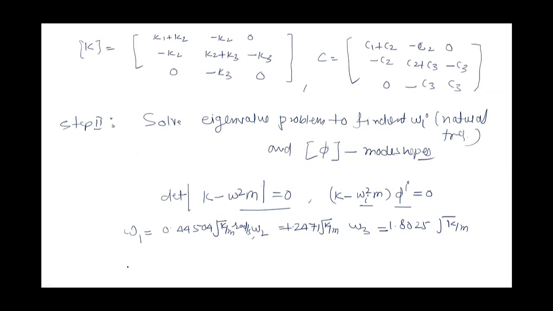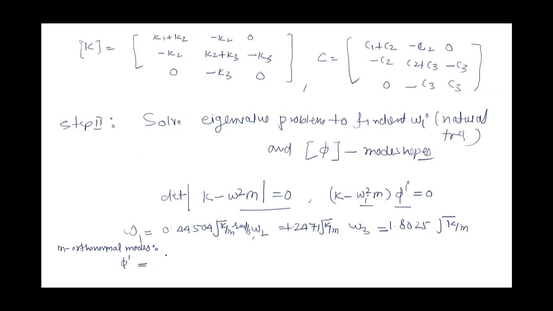So mode shapes we find, and then we normalize those mode shapes. I'll write here mass orthonormal mode shapes, orthonormal modes for this problem, because we are going to discuss the solution of a multi-degree of freedom system. We are not going to discuss how to find mode shapes.